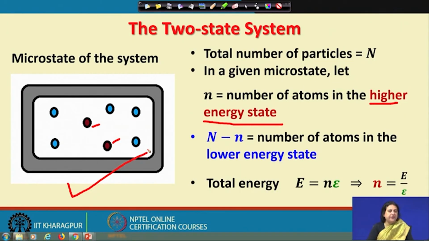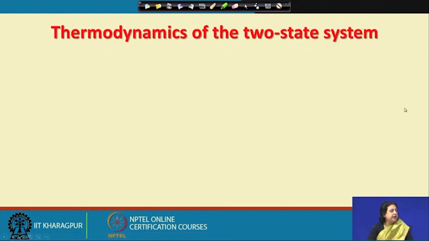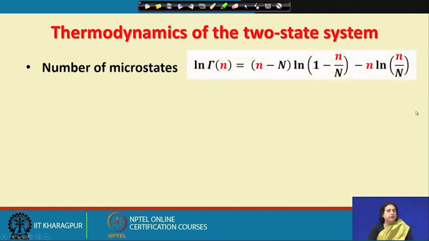Now, once we have clarified the setting up of the model system, let us concentrate on what we can say about the thermodynamics of this two-state system. So, I know the number of microstates.